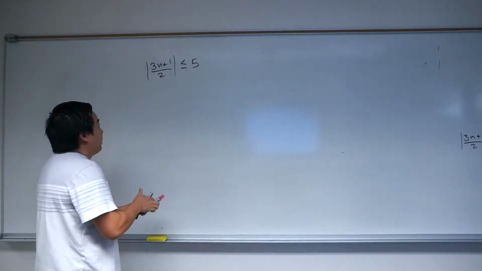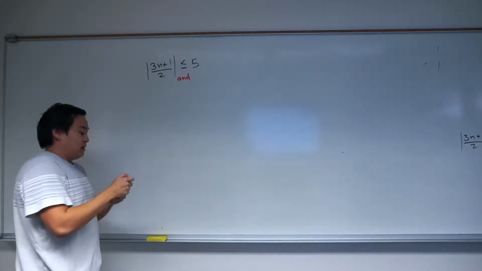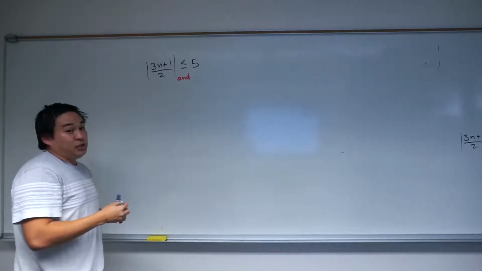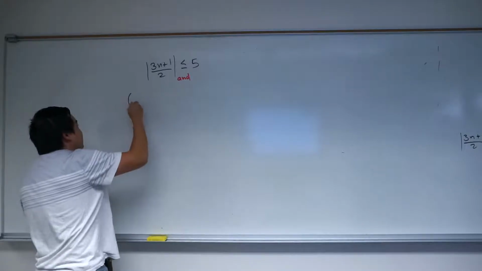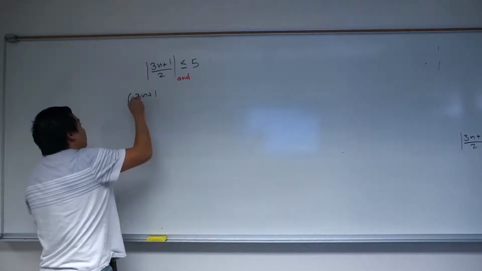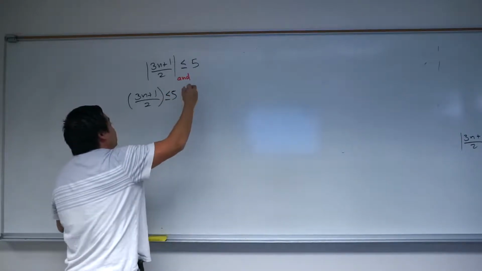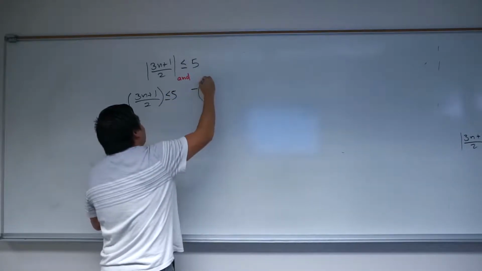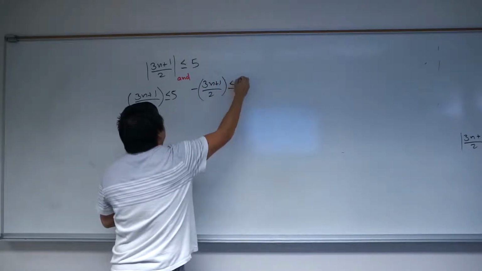So let's write that out. And then again, once you know the type, you can easily split it using the parentheses. So parentheses, 3n plus 1 divided by 2, less than or equal to 5, and put a minus in the front, 3n plus 1 over 2 is less than or equal to 5.